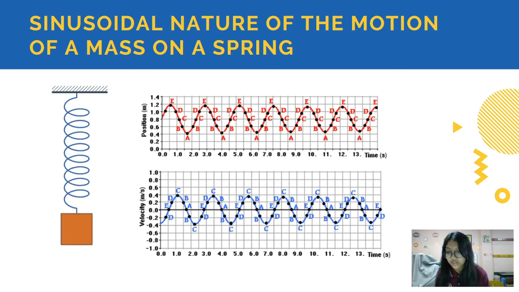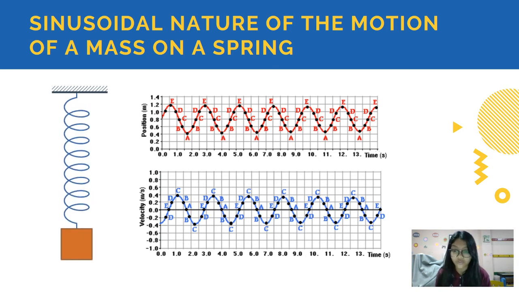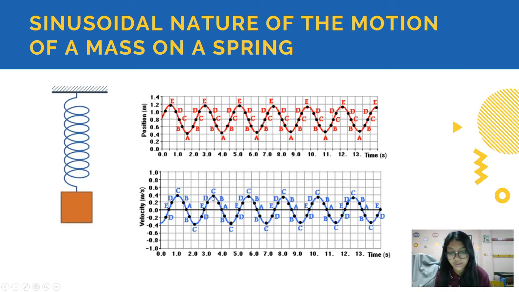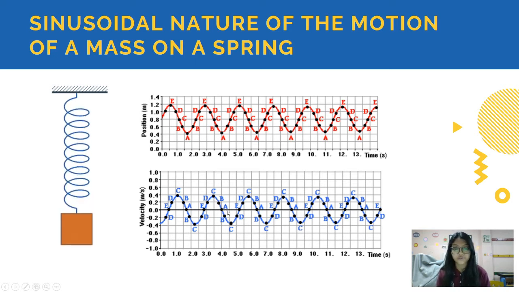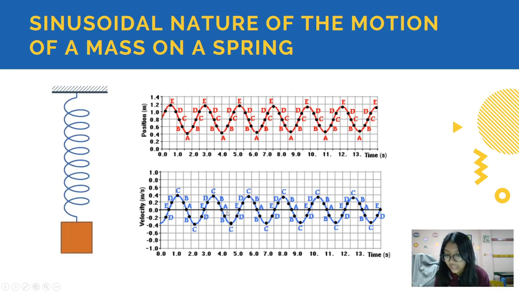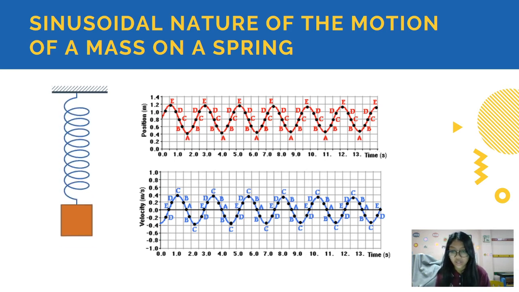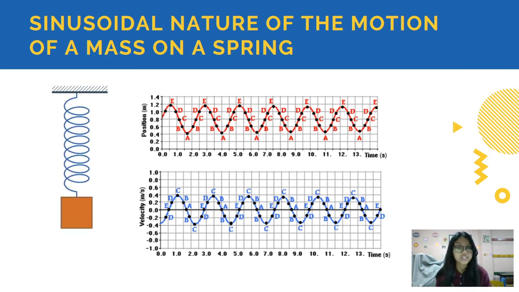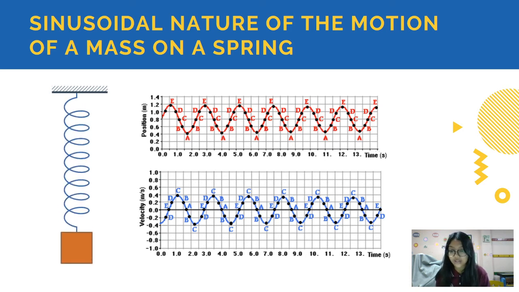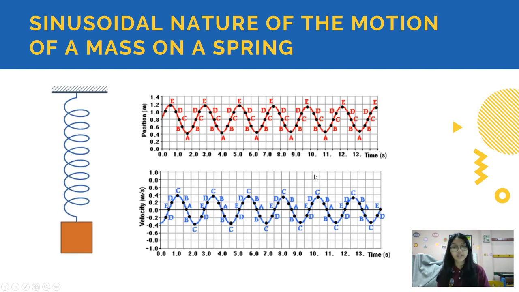In the plots, the absolute value of the velocity is greatest at position C. The velocity of any moving object, whether vibrating or not, is the speed with a direction. The magnitude of the velocity is the speed, and the direction is expressed as a positive or negative sign.